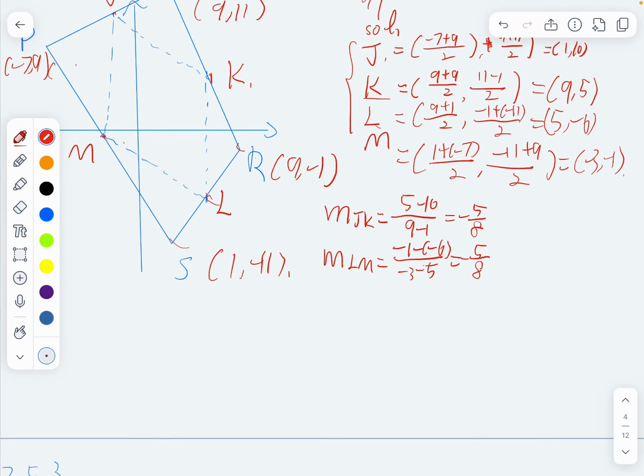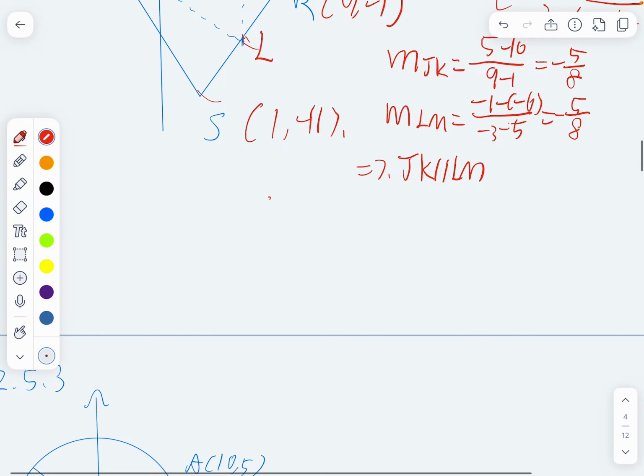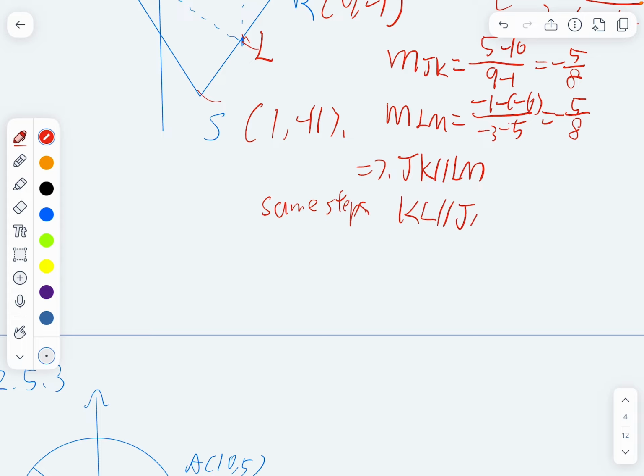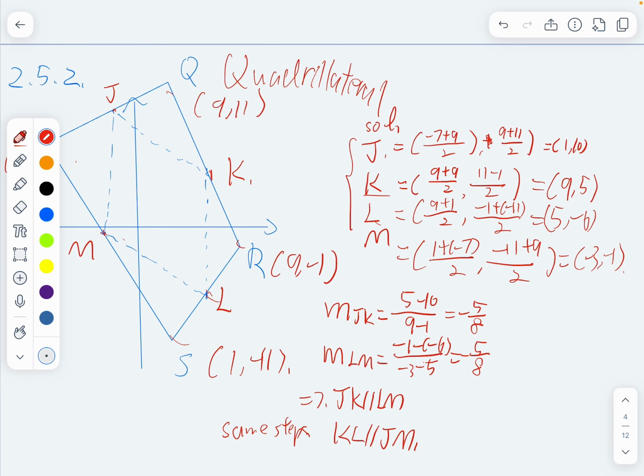So JK is parallel to LM. Next, using the same steps, we find KL is parallel to JM. So we can note that the figure JKLM is a parallelogram.